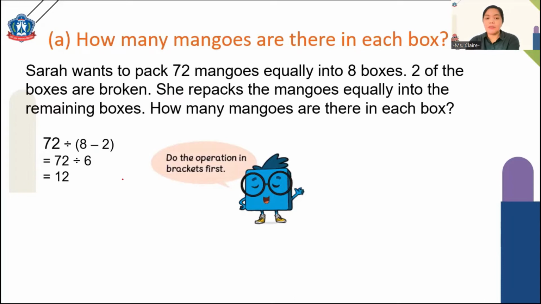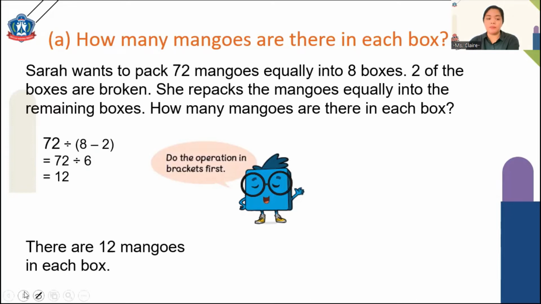Yes, the numbers inside the parenthesis, and that is 8 minus 2, and that is 6. Then proceed to division. So 72 divided by 6 is equal to 12. So there are 12 mangoes in each box. Now, remember also, children, that we do the operation in brackets or parentheses first.